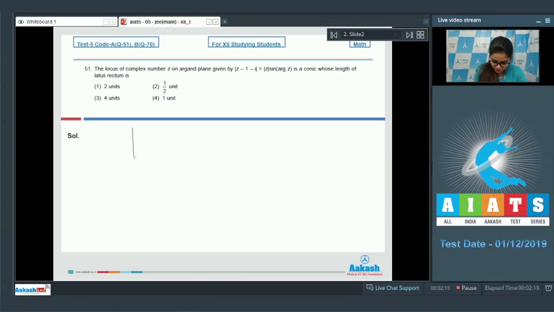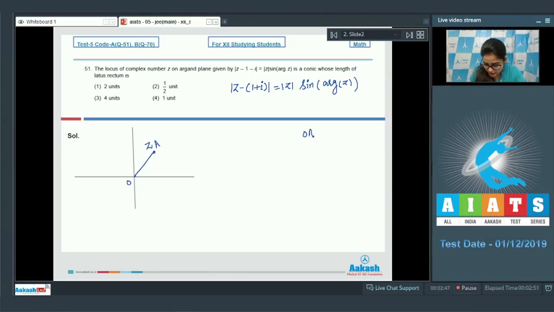So see, suppose there is a point z, and here you can see |z − (1 + i)| is equal to |z| sin(arg z). This length OA represents the modulus of z, and this angle theta is called the argument of z.